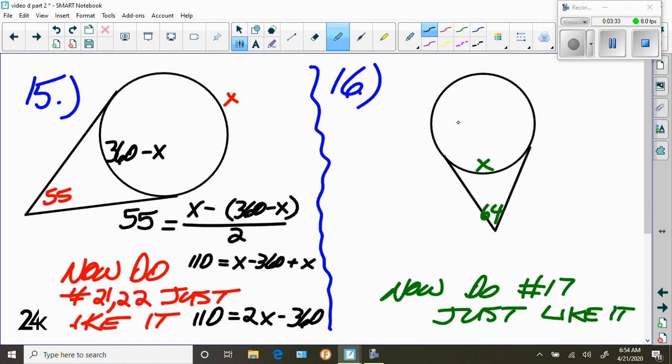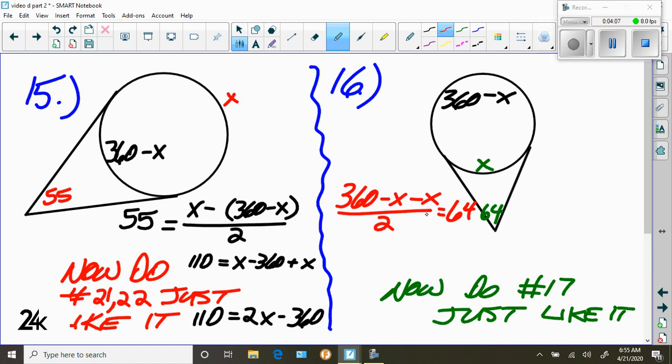But then you're like, well, how is this one any different? This time the little arc is x. So that means the big arc is 360 minus x. And you're like, it's the same work. No, it isn't. Let's see, what color do I want to use here? Because I don't want you guys to get confused. I'll use red. Okay, so this time it would be big minus small divided by 2 equals the answer.